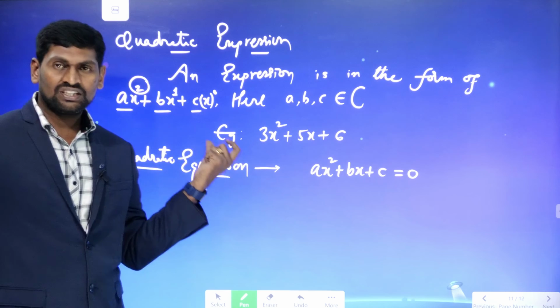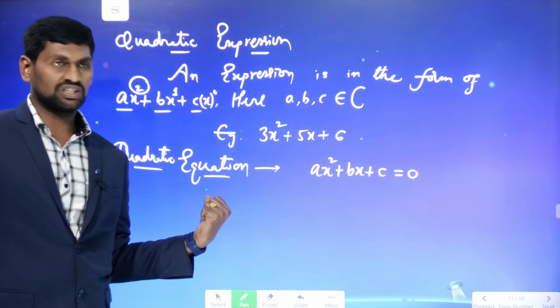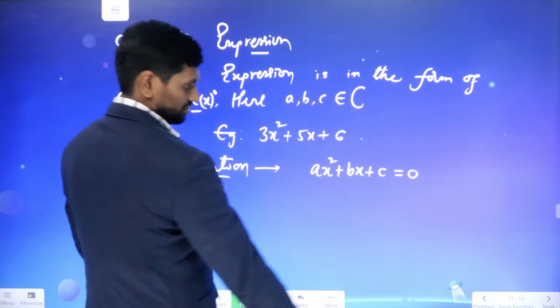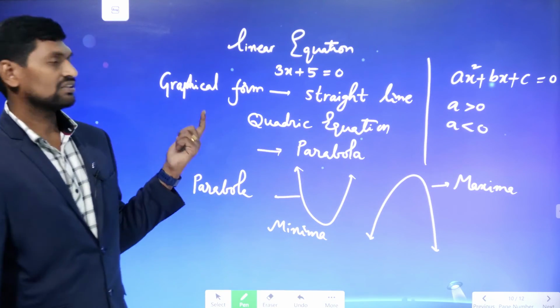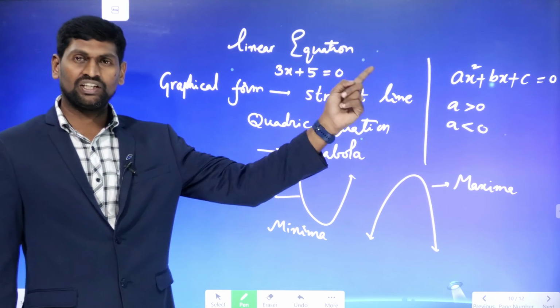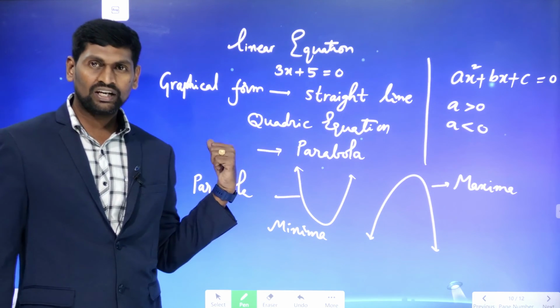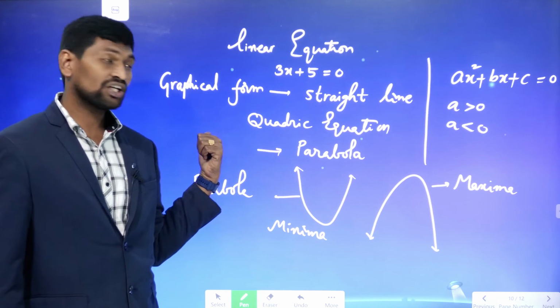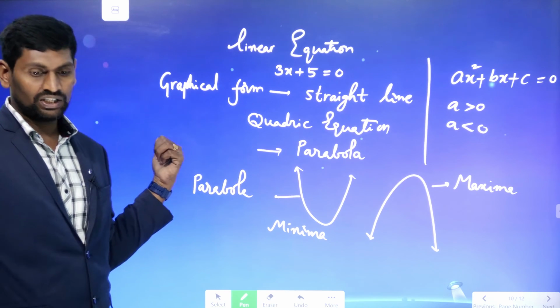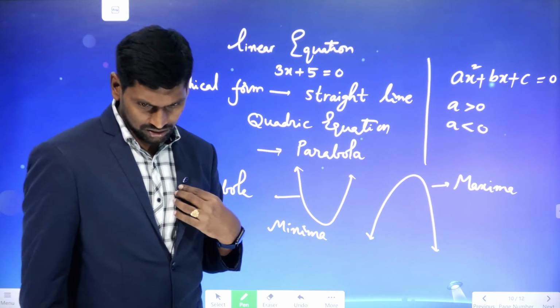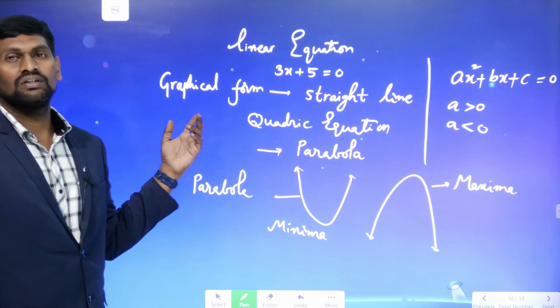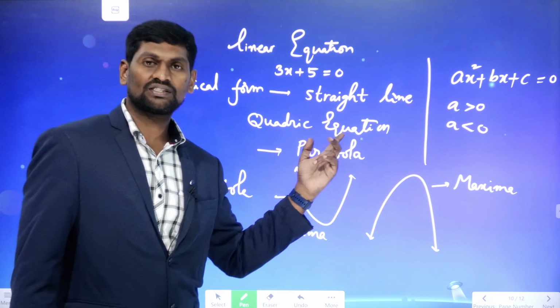If this expression is equal to 0, it becomes a quadratic equation. Next, we are discussing linear equation also. A degree 1 equation is called a linear equation. When it is drawn on graph paper, it will give you a straight line.